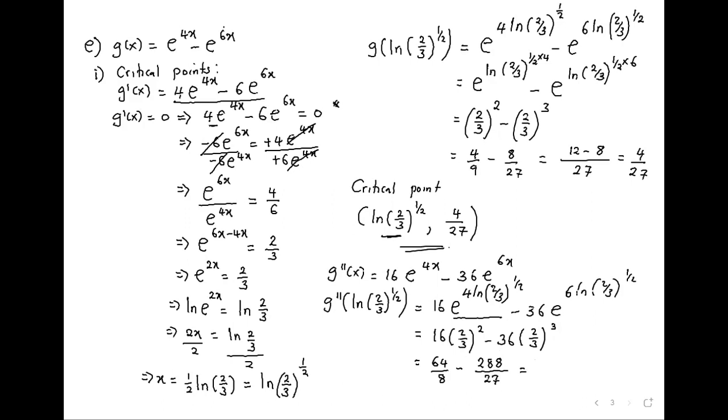So I wanted to say 27 common denominator. But the concept is we are trying to see which one is bigger than the other here. So of course 288/27 is bigger than 64/9. So this number is less than 0, telling us that this is actually the relative maximum.